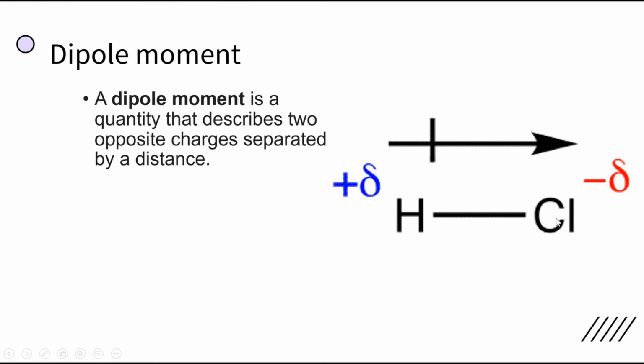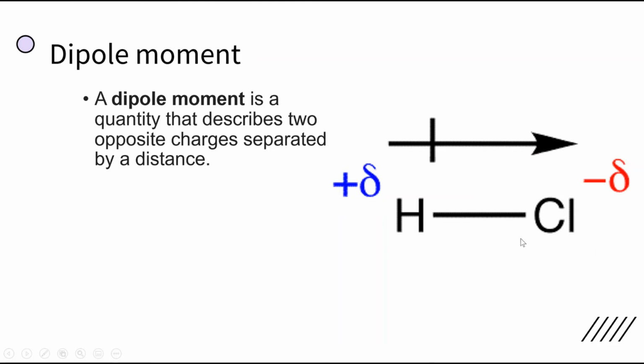Hydrogen and chlorine share the electrons, but the sharing is more done by chlorine. The electrons are more attracted towards chlorine because chlorine has a stronger electronegativity. This is a property every atom has: atoms attract electrons at different rates, and some atoms have higher electronegativity than others.